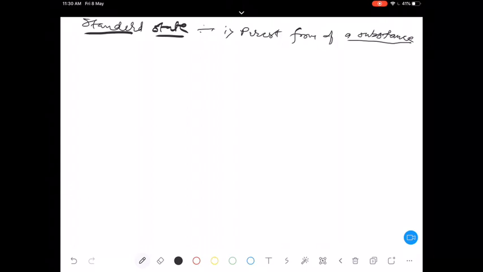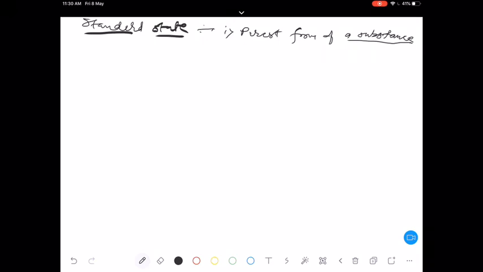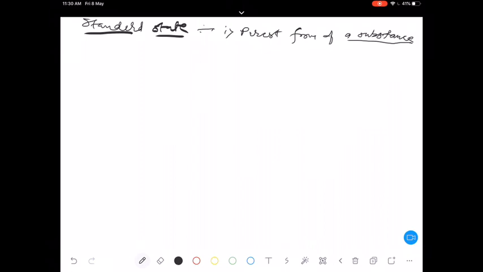Why am I writing purest form? Because standard state could be referred for a compound, it could be referred for an element also, or it could be referred for a solution or for a mixture also.